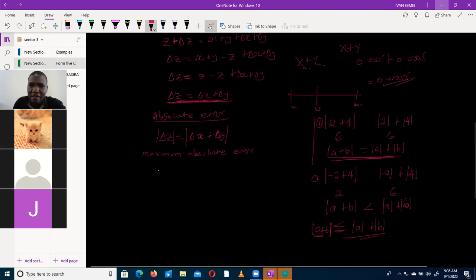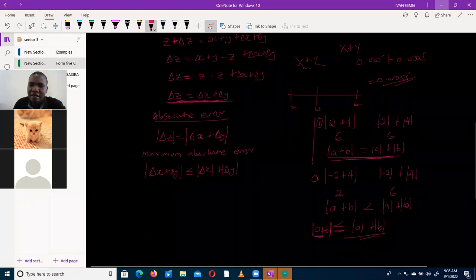So from here we shall say our dx plus dy, ln x plus ln y is always less than or equal to the modulus of ln x plus the modulus of ln y. That means if you want to find the maximum possible absolute error in x plus y, you have to add the absolute error in x plus the absolute error in y.